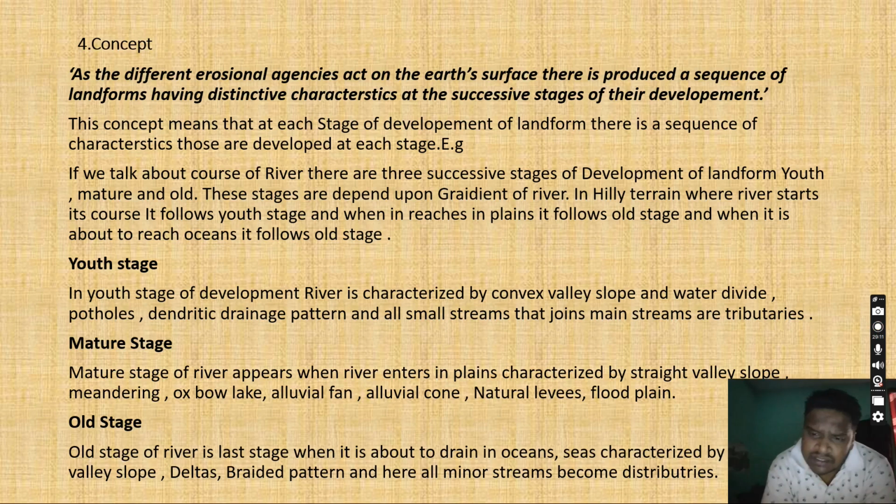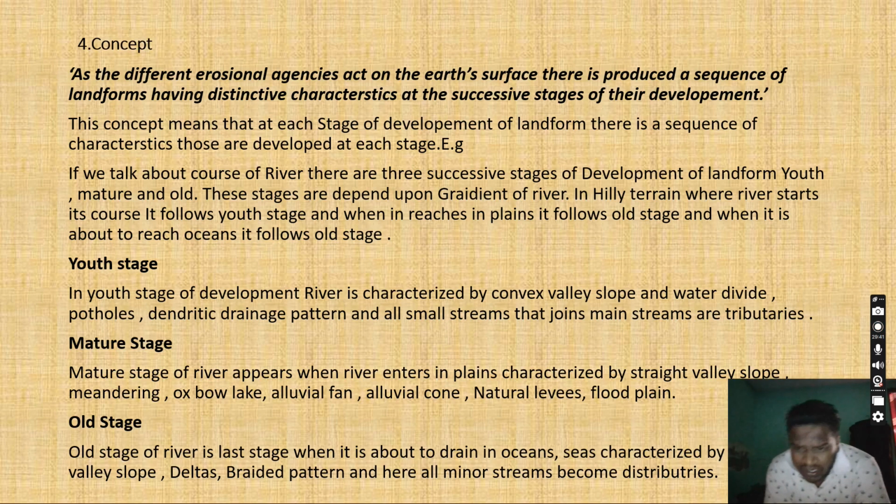When it enters the plains, the gradient and velocity decrease. That intermediate stage is known as the mature stage, and when the river is about to drain into the ocean, that stage is called the old stage of the river. There are some characteristics from which we can identify the youth stage, mature stage, and old stage.